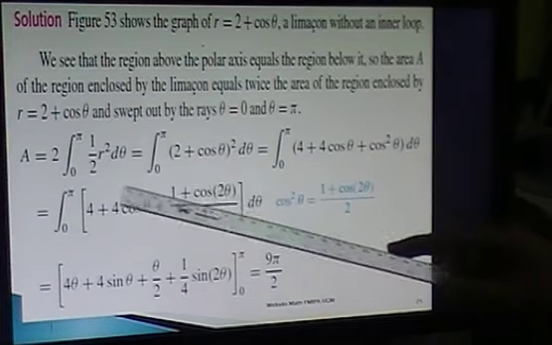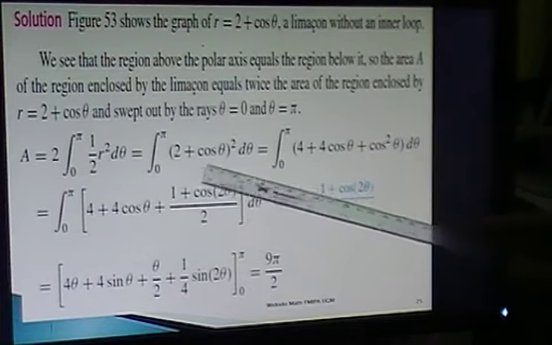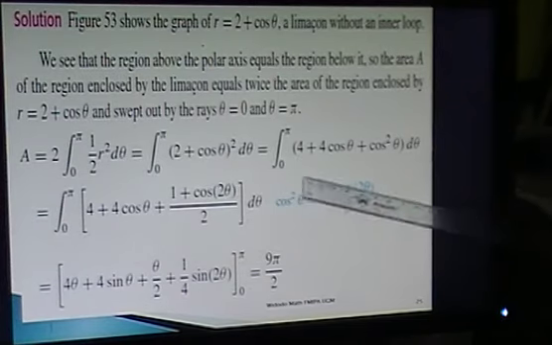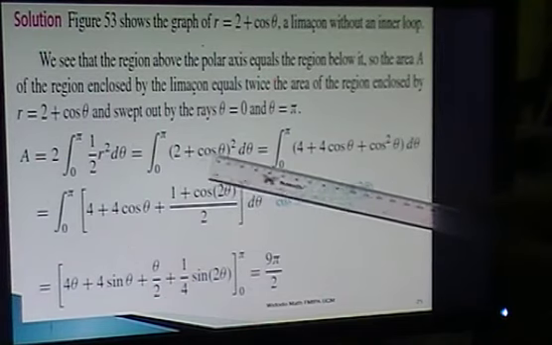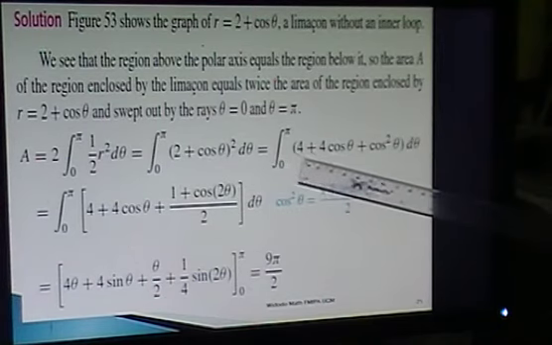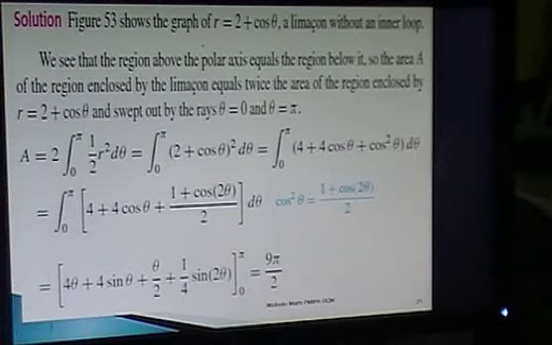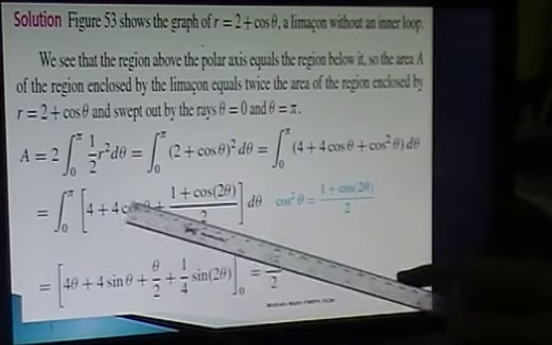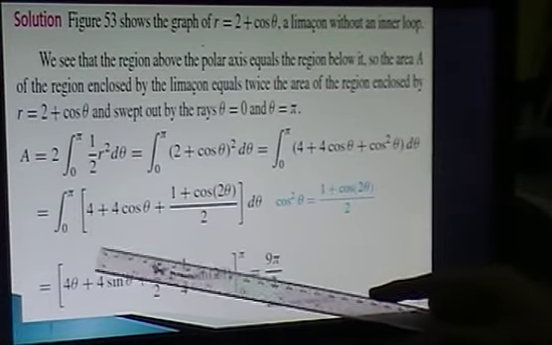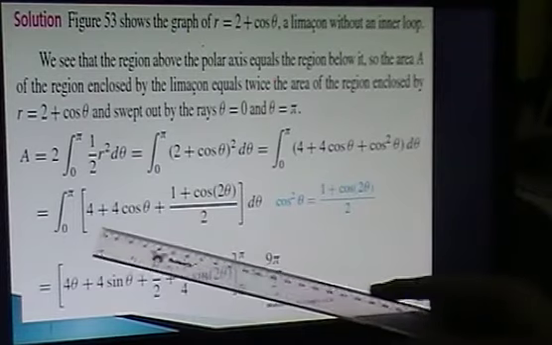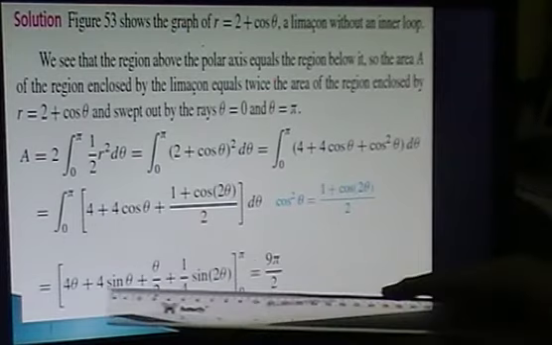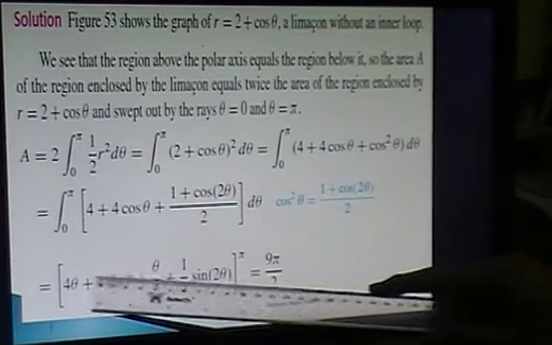And we replace r with 2 plus cos theta, squared. And it is very easy to calculate by using the square of these two terms. So we have this one. And I don't want to go into detail, just by using the definite integral as we told you before the midterm. We just calculate by using a small manipulation.